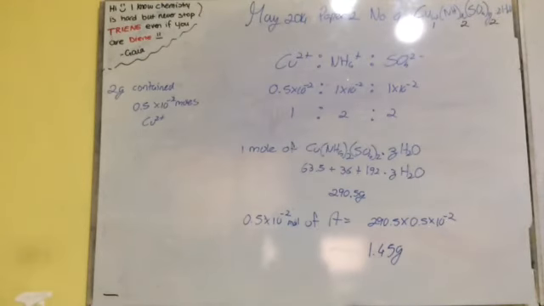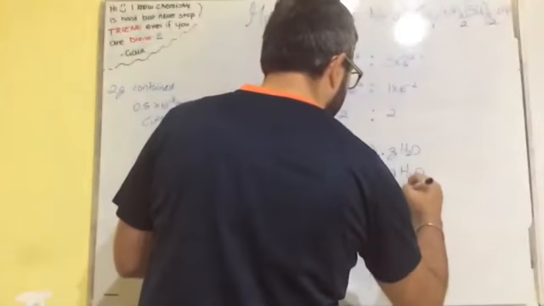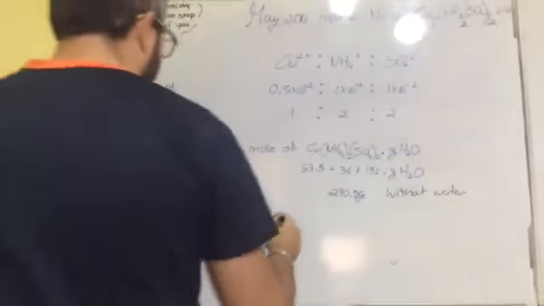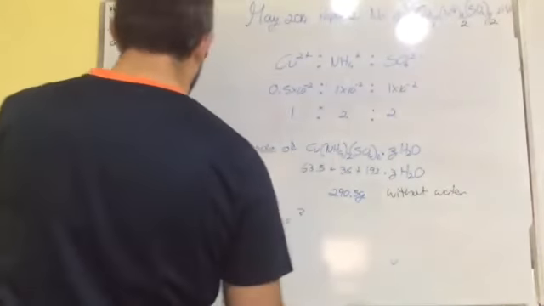To find Z, we simply have to use the molar mass that we found of the 290.5 grams. So this is without water. With water, it's going to be 1 mole equals how much?